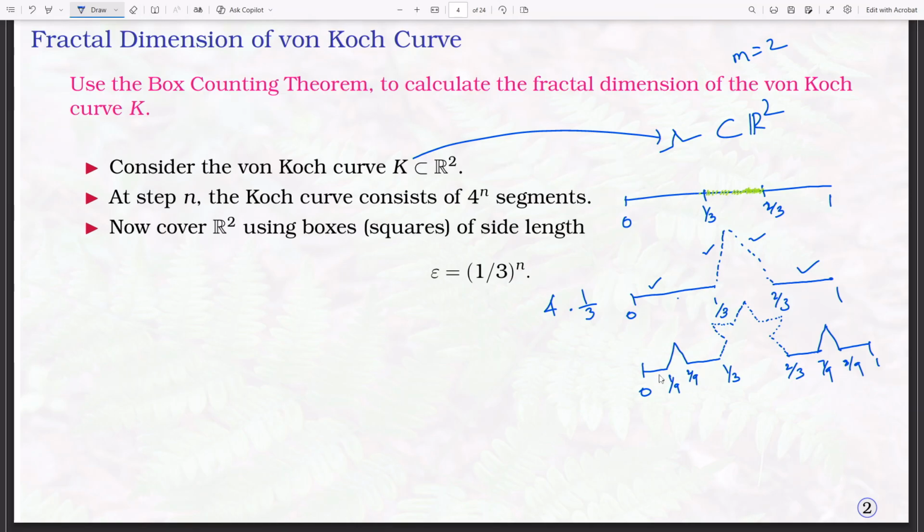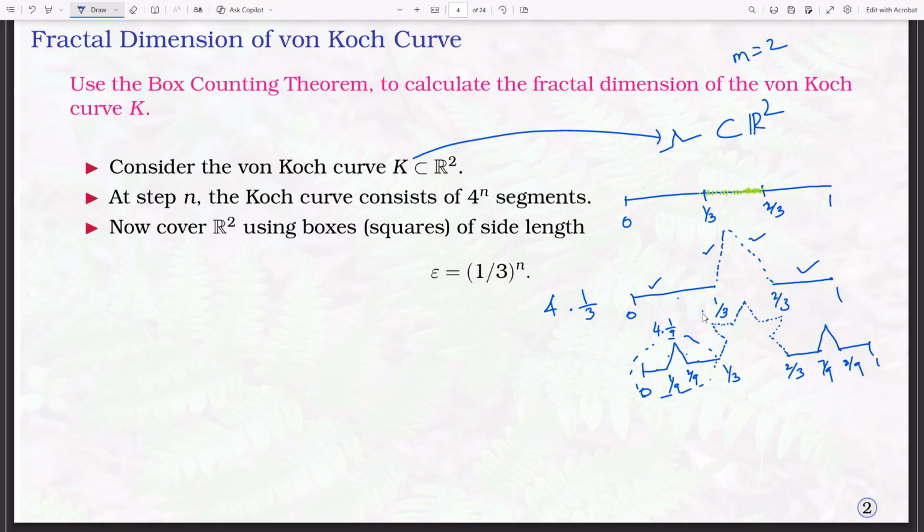Here you can consider this part: we have 4 line segments, each of length 1 by 9.